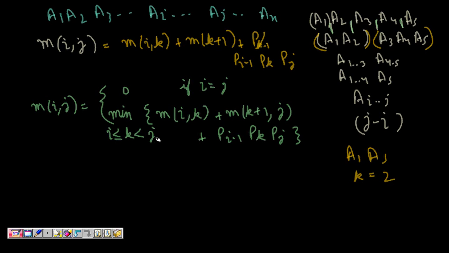So now let Mij represent the cost of multiplying optimally from i to j matrices. So it is basically A(i+1) till Aj. We want to multiply this together, and let's say that the optimal cost is M(i,j).